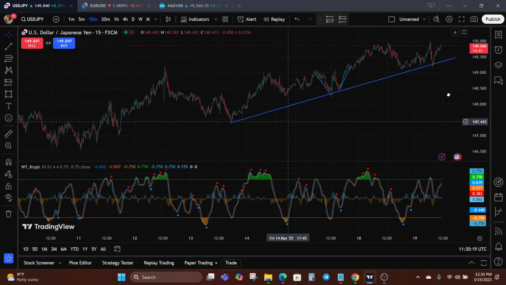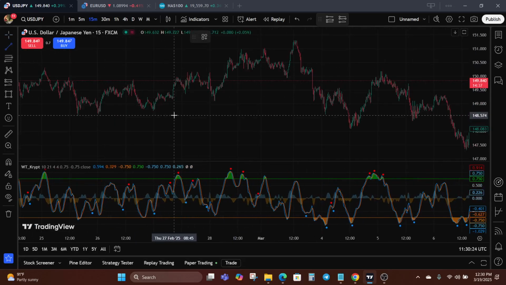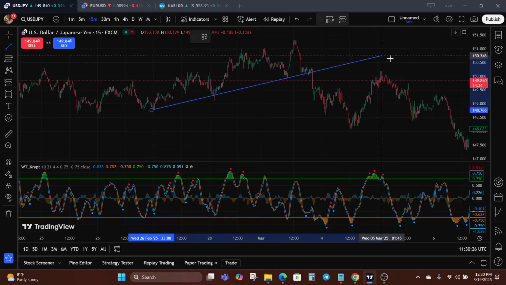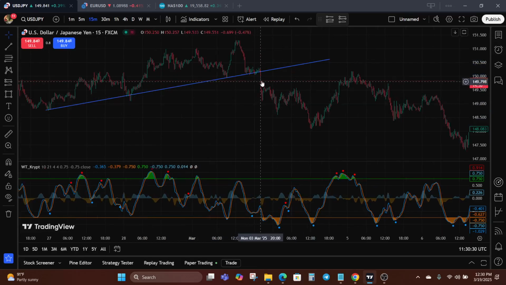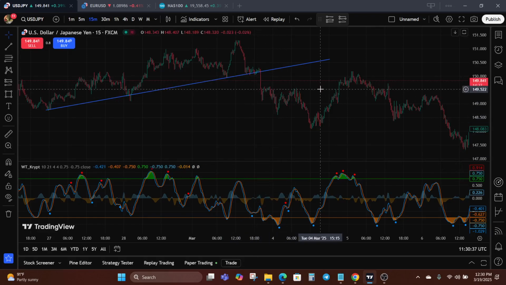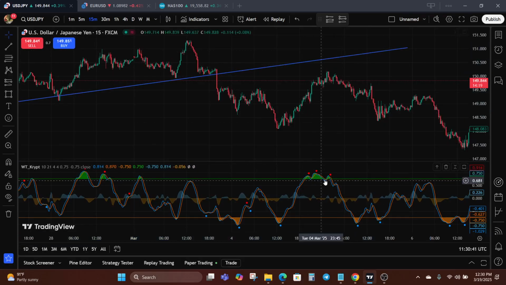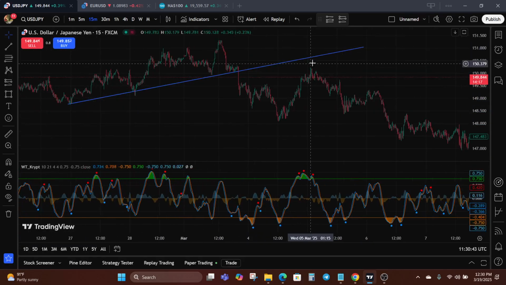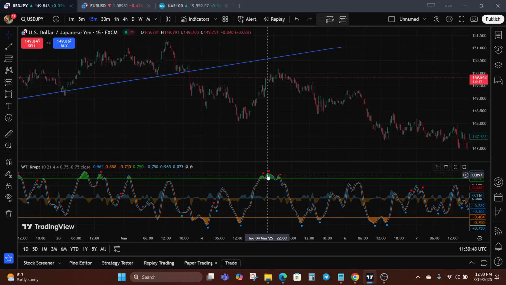Okay, on the other hand, if you want to identify a reversal, ensure you always use your trend lines. Okay, so perhaps you identified a break of structure, and then at the same time you notice that the wave trend oscillator has formed an overbought pattern around here, and the precise sell signals with the red dots appear.